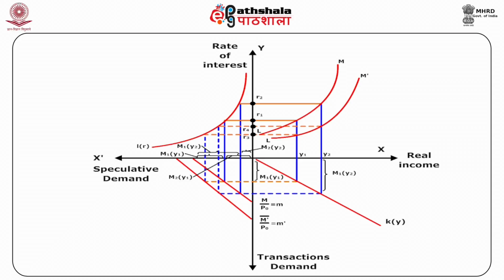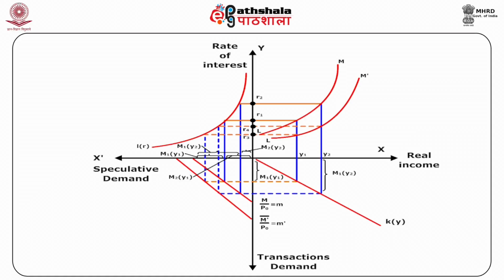We start by looking at one given level of real national income Y1. At Y1, what we see is that given the ky function, which is the function for M1, there is a given level of M1 Y1, transactions demand for money.